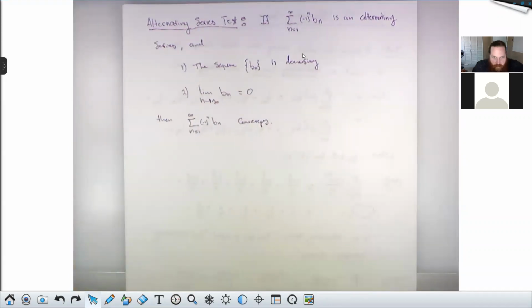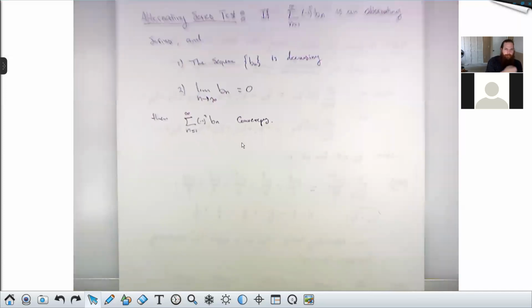Everybody likes easy. Now the series doesn't have to look exactly like this, right? It could be any alternating series. But if you have any alternating series where the non-alternating piece of the sum is decreasing with limit 0, then the series converges. That's it.